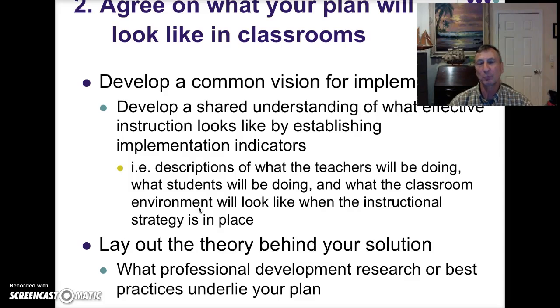And so, given that idea, what professional development or what research for best practice would be put in place and underlie the change? And as you read the factors of the case, you can see where that information is coming out.